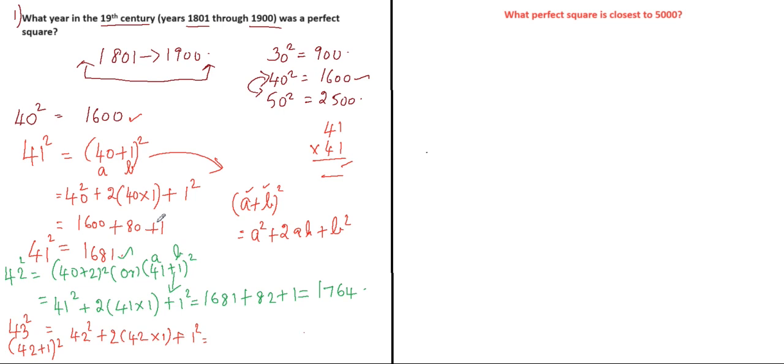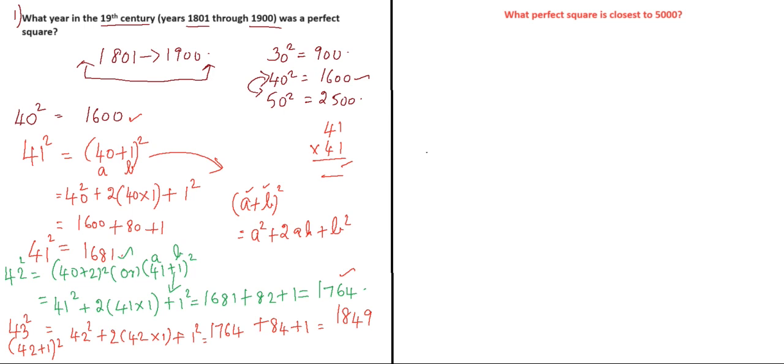Again, you can either take it as 42 plus 1 or as 40 plus 3 and then proceed. It's completely left to you. We have already found 42 square, so simply write 1764 plus 42 into 2 is 84 plus 1. So the answer to this question is 1849.